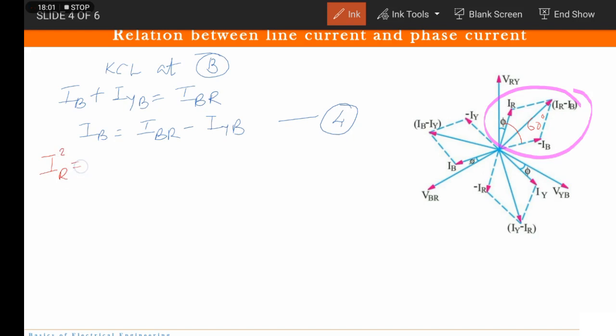So IR square becomes IRY square plus IBR square plus twice cos of the angle between IRY and minus IBR.